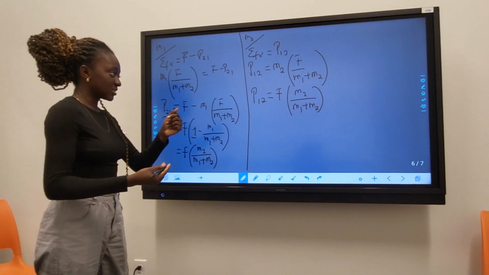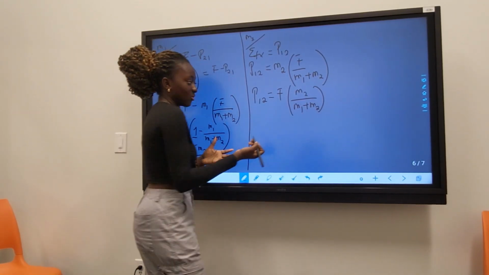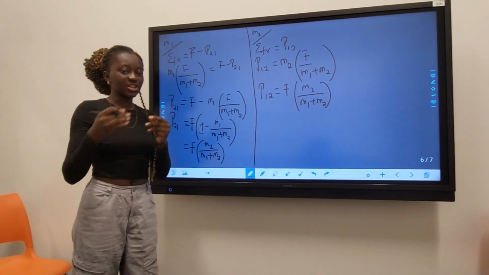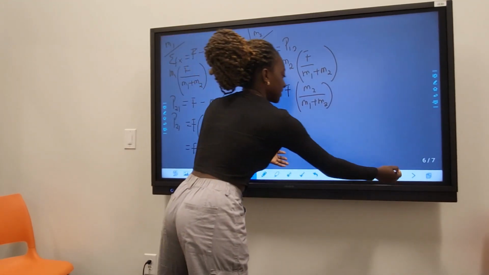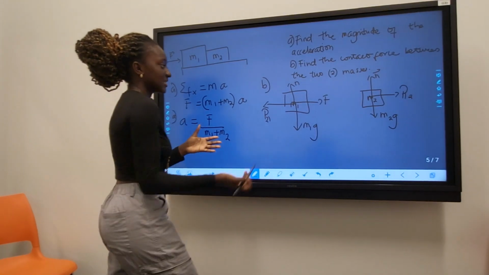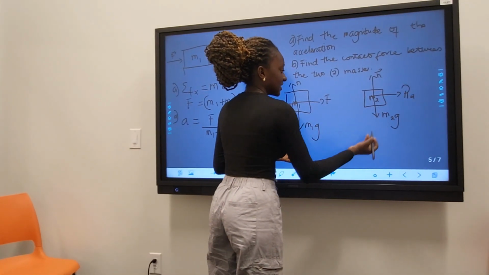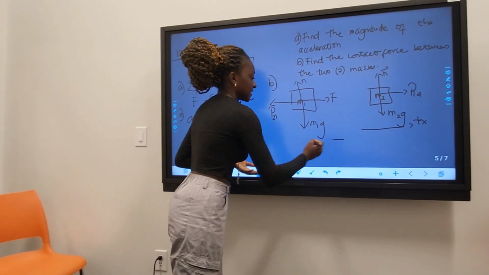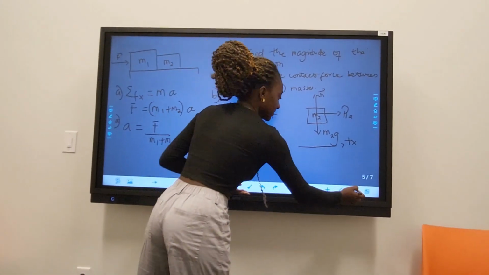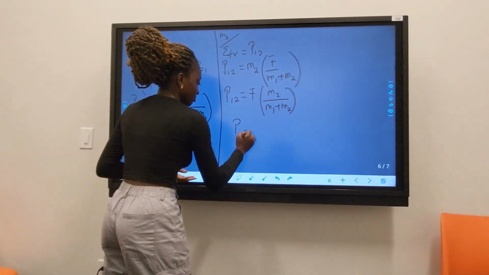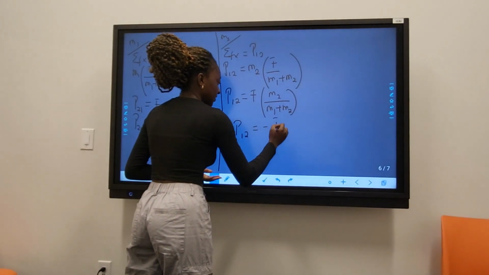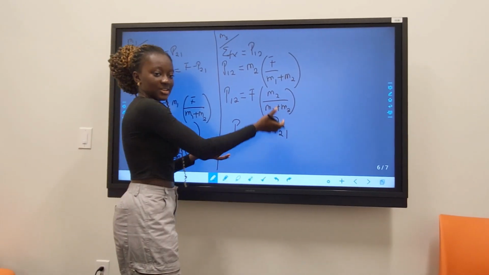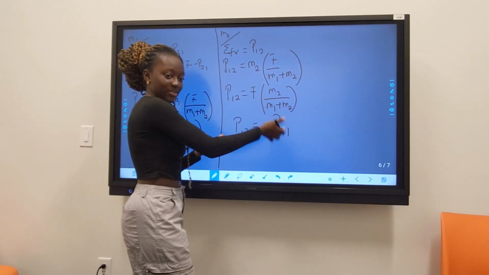This is because of Newton's third law, which clearly states that for every action, there's an opposite and equal reaction. Looking here, you can clearly tell that P12 is in the positive x direction and P21 is in the negative x direction, which means that P12 will be equal to negative P21, because this is the action and this is the equal but opposite reaction.